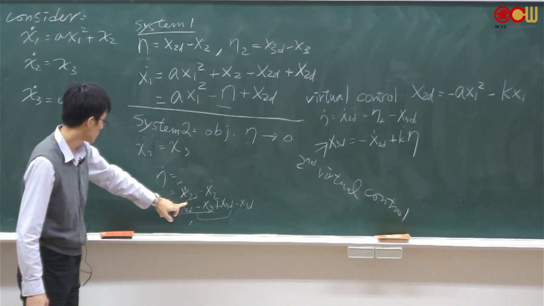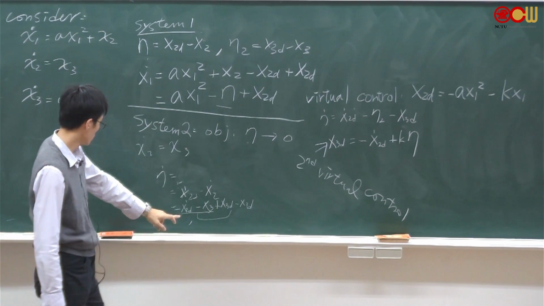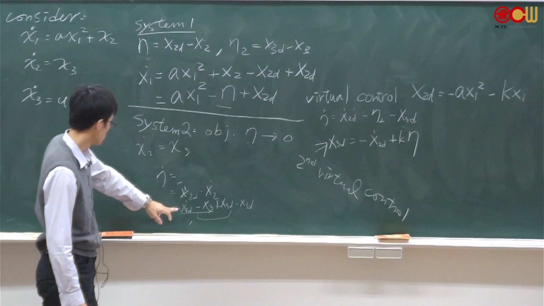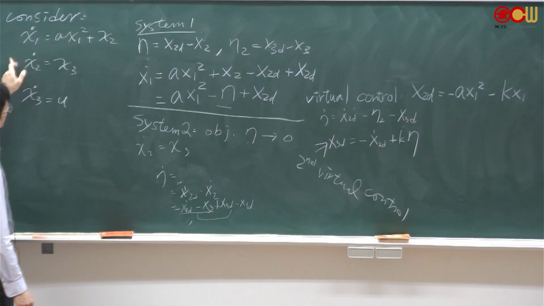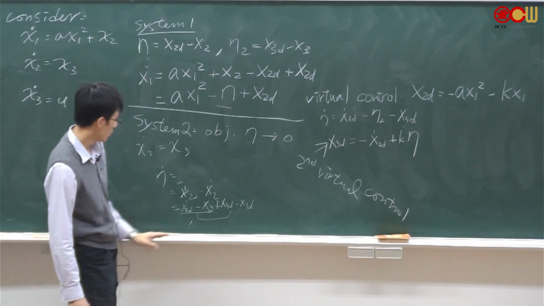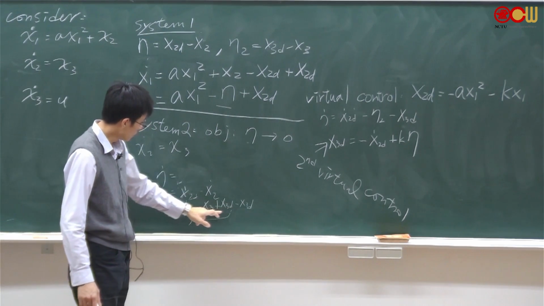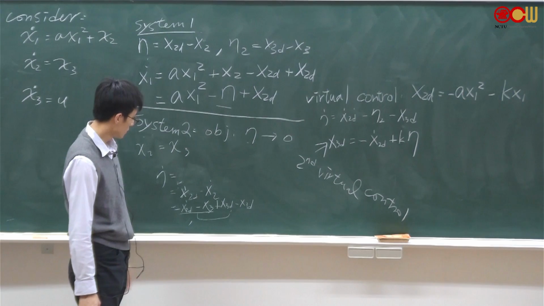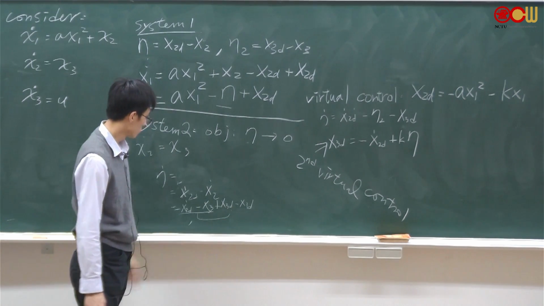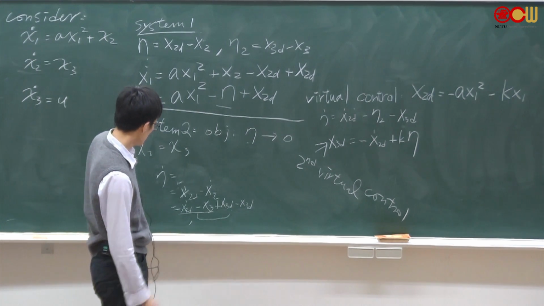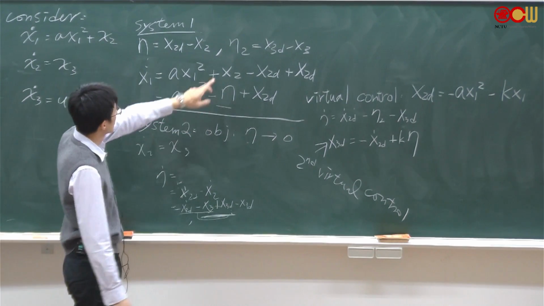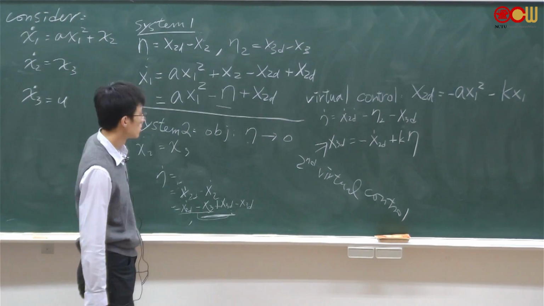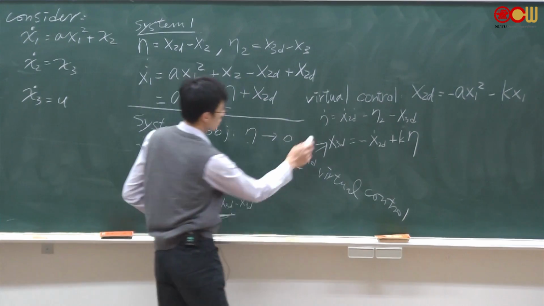And x2d dot is desired trajectory, is a function of desired trajectory, and x2 dots is equal to x3 based on the open loop dynamics, right? And you can create the virtual control by add and subtract x3d. And now this becomes the tracking error of the second system.